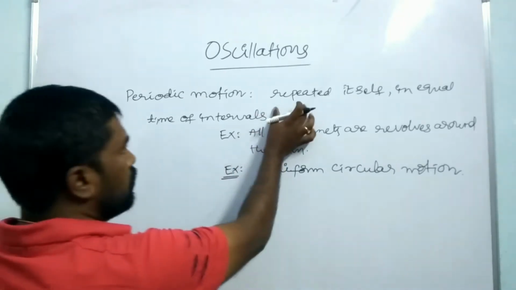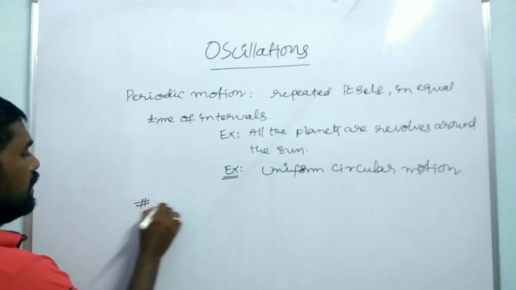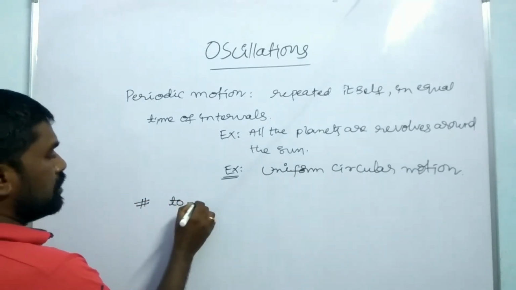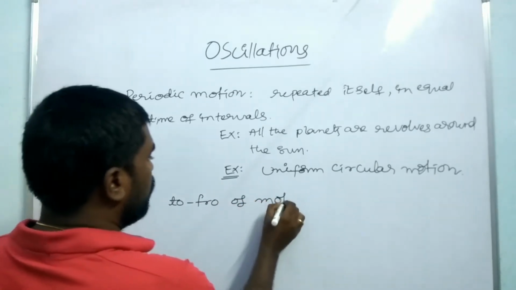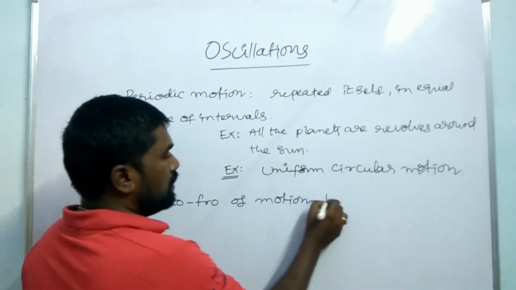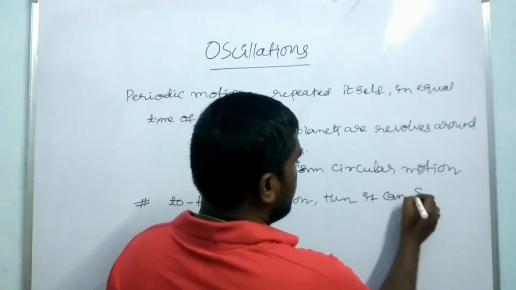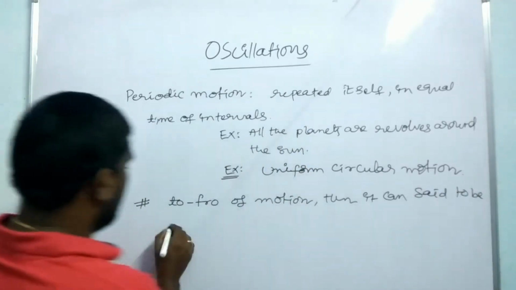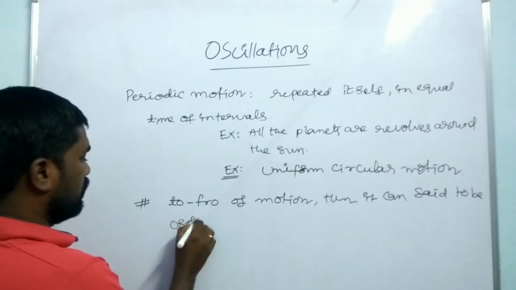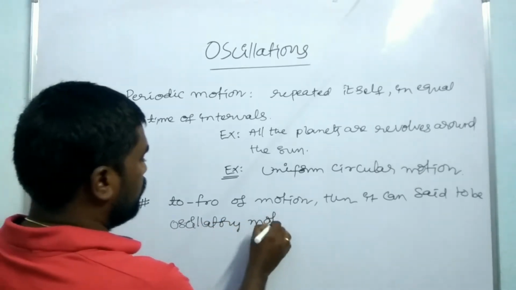In periodic motion, if the particle maintains a to and fro motion, then it can be said to be oscillatory motion.